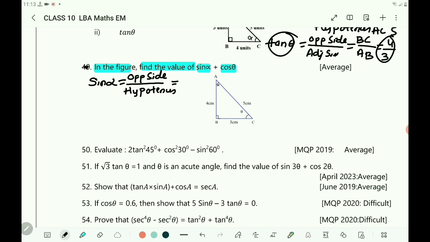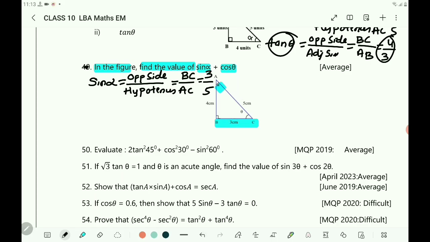Here for alpha, the opposite side is BC and the hypotenuse is AC, so BC by AC. BC is 3 cm, AC is 5 cm, 3 by 5.